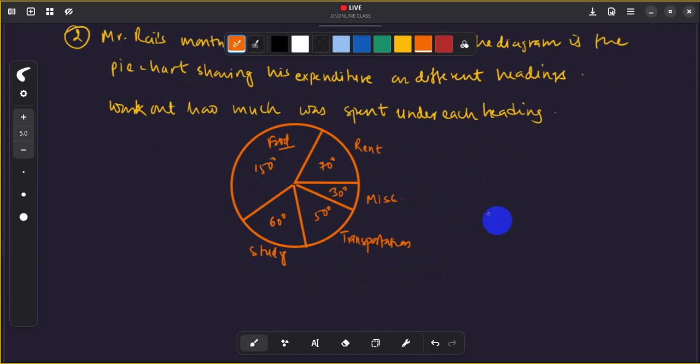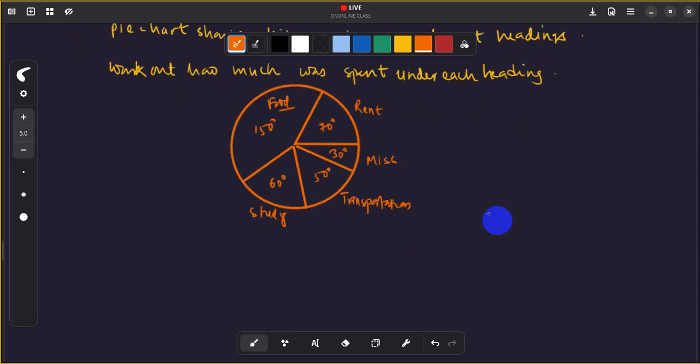Now we need to find out how much was spent on each heading. Means 70 degrees means how much amount does it represent. Similarly 30 degrees, 50 degrees for transportation. We need to find this in amount. That is our work.